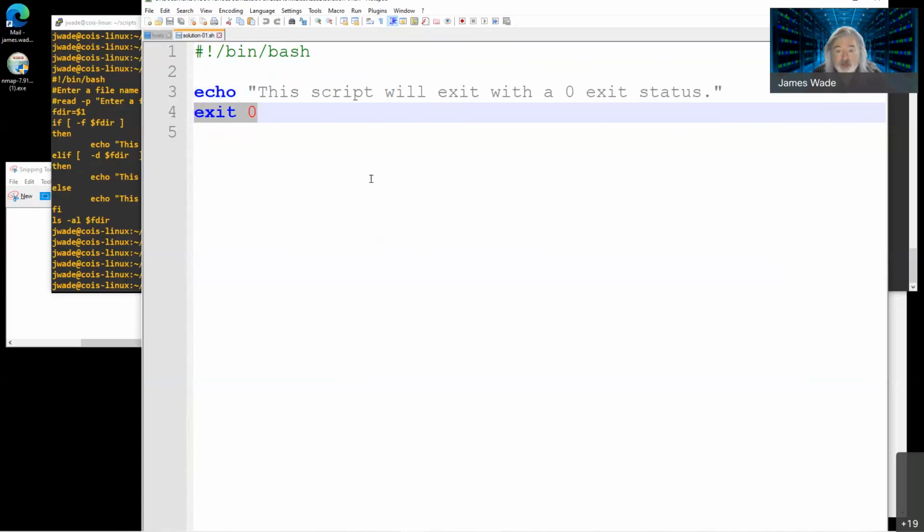Exit status 0 is going to tell us whether or not it basically exited in an orderly process. But if I have if-then clauses or other clauses, I can actually put exit status to let me know where it exited in the program, to give me diagnostic information, to help me debug it.